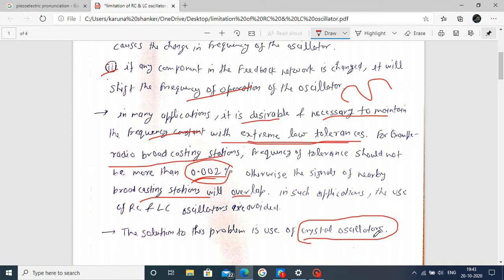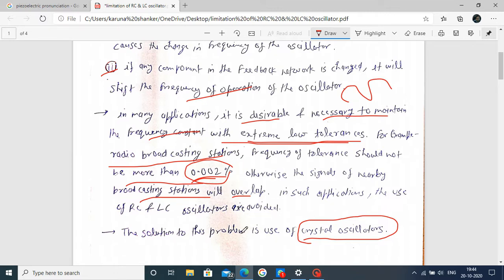If the RC and LC tolerance value is near this value, not more, they can also be used in a radio broadcasting station. This is one of the applications of RC and LC in a communication system.